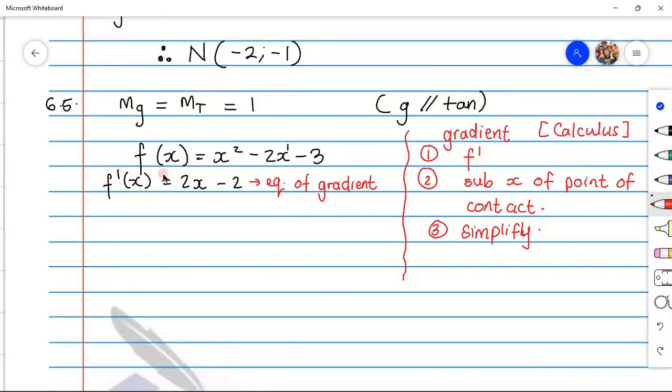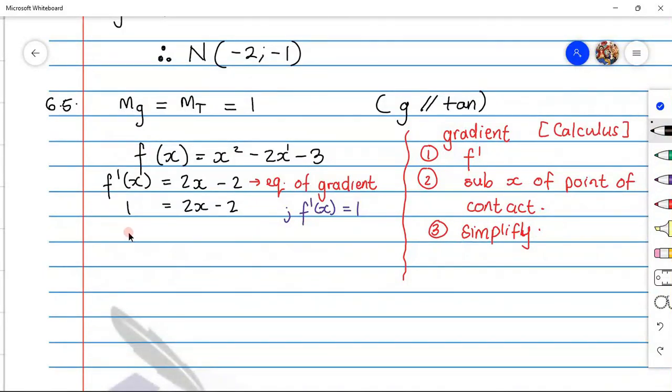But in this case, we don't have that x value, but we have our gradient. So let's substitute our gradient, which is 1 equals 2x minus 2. From this point, we are now going to solve for x. Let's just make a quick side note that f prime of x is equal to 1. That is our gradient.